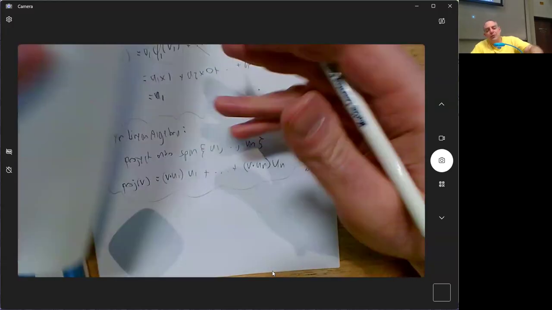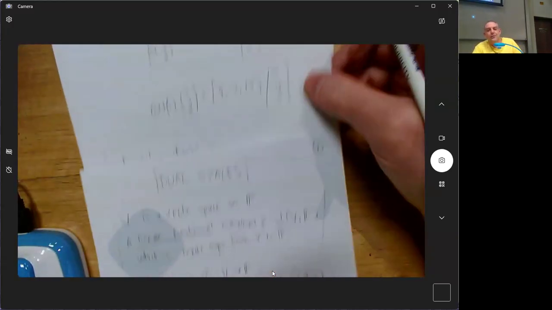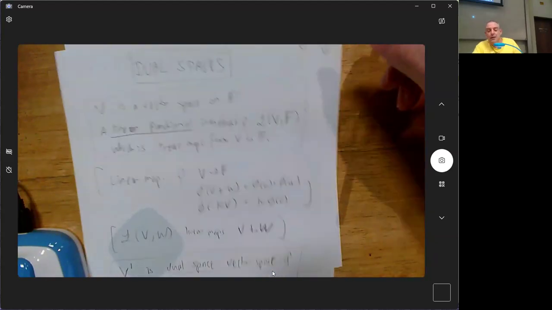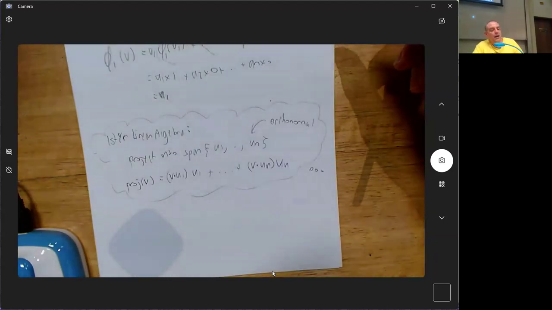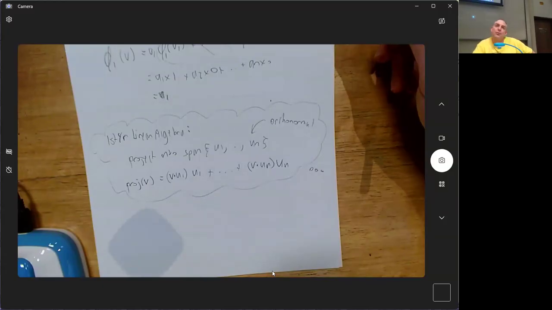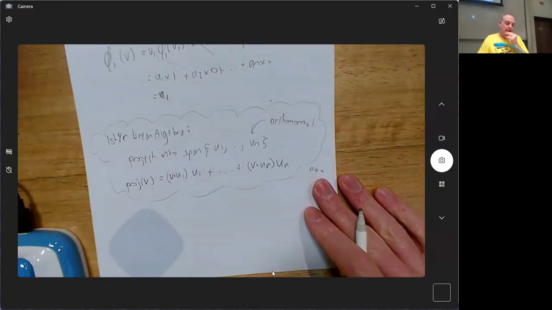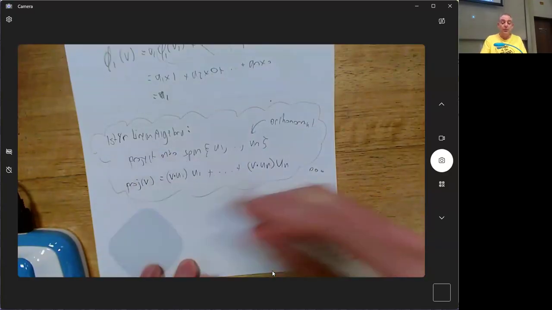If your linear functionals are represented by row vectors, where your original vectors are represented by column vectors, then if you have an orthonormal basis, the dual basis is the basis you've got, but as row vectors instead of column vectors. That's pretty much it. Anyway, it can be difficult to figure out what they are, but it is totally possible to do.